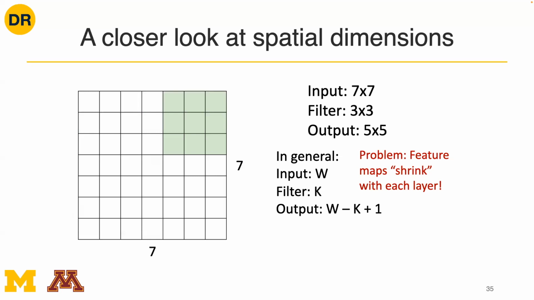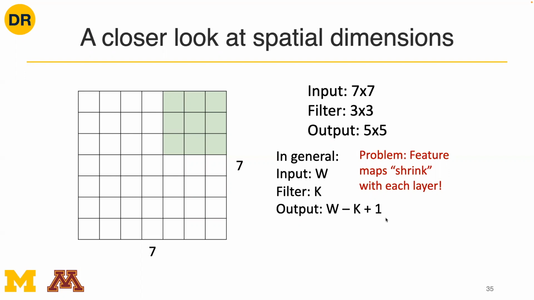You can predict how much loss you're going to have based on the filter shape, the size of your filter, and also the size of your input. In this case, you take your input size of 7, subtract your filter size of 3 and add 1: 7 minus 3 is 4, plus 1 is 5. So this equation in this simple case predicts our output of 5x5.